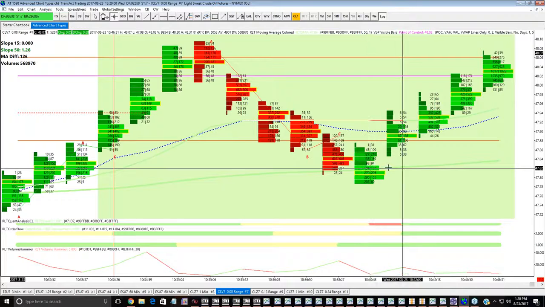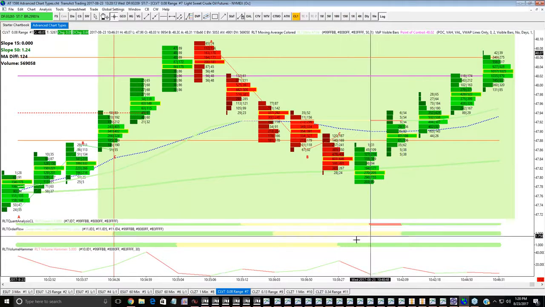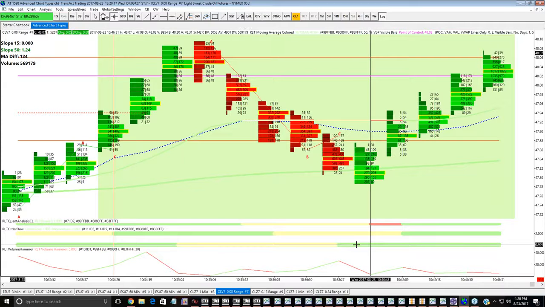Now, if we had this information coming right off the 50, now I remember this trade in real time. We didn't have enough data. Here is the order flow indicator, right here. The order flow indicator had turned, but it was very tough to call this trade because we had upside resistance.